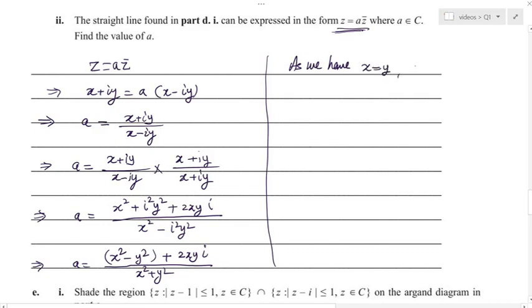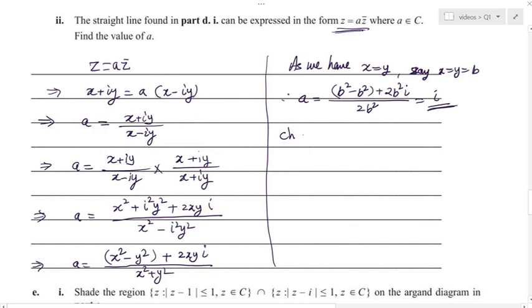So let's say x = y = b. Then what we get here is a = (b² − b² + 2ib²)/(2b²). So the first part cancels out and becomes 0, then 2b² divided by 2b² is 1, giving a = i. So that's the value we wanted, and we can check whether this will give us x = y or not.